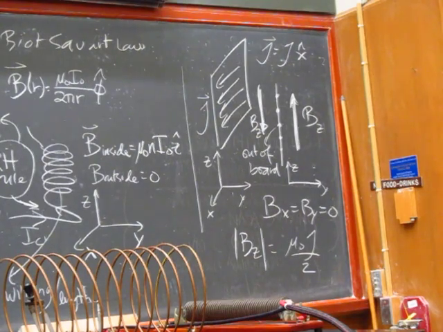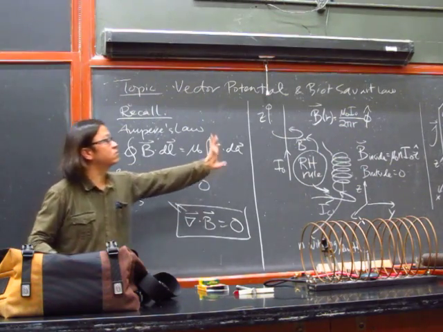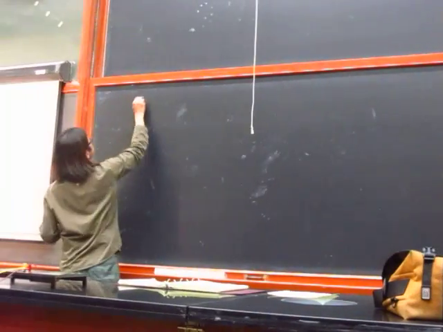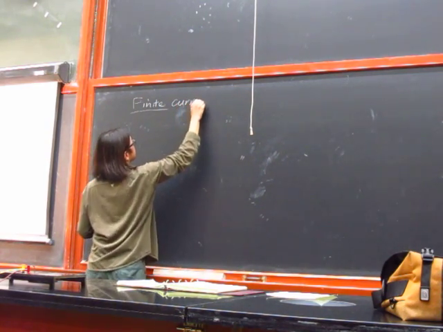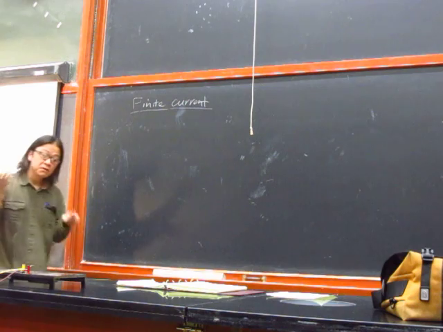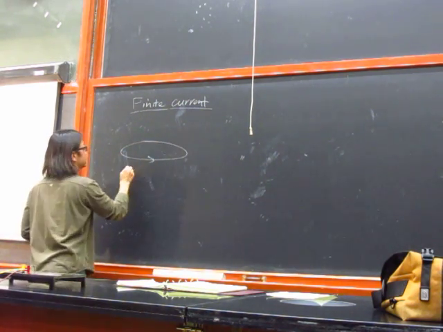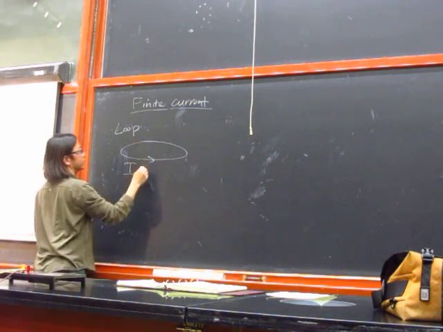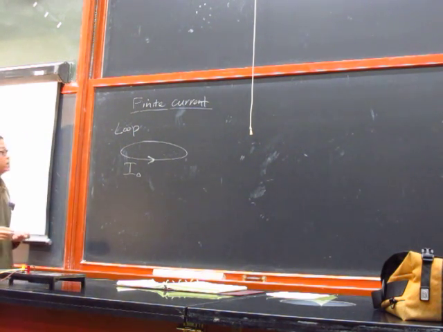So these are the easy examples that we can do, just applying symmetry and Ampere's law to get all that, right? But a lot of things that are of interest actually have finite extension, as you know, right? Finite current. Say, a standard textbook example: what if I have just a loop of current, going clockwise or counterclockwise, okay?